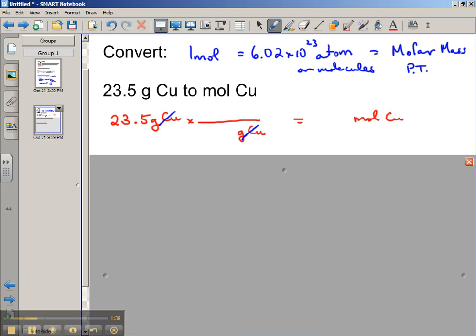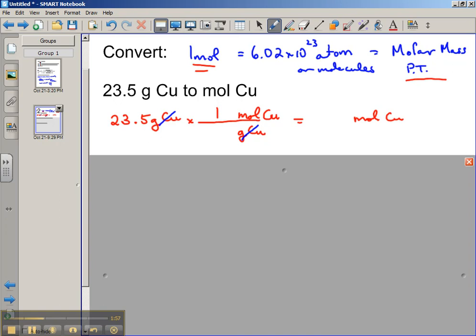Alright, I want my units to finish in moles copper, so now I have moles of copper here. And then I look and I see 1 mole, you see at the very top of the screen, 1 mole is equal to the molar mass in the periodic table.